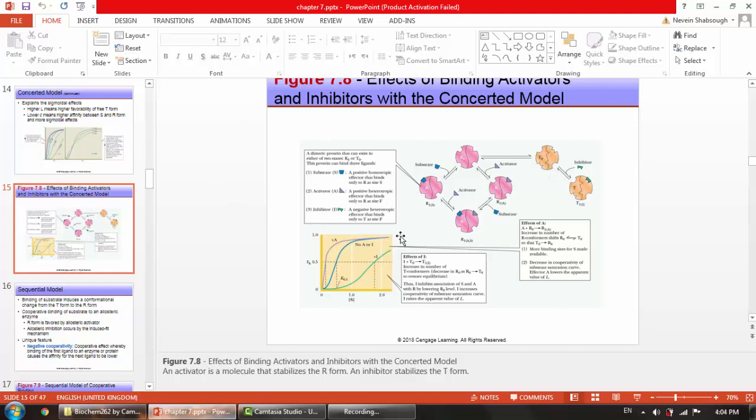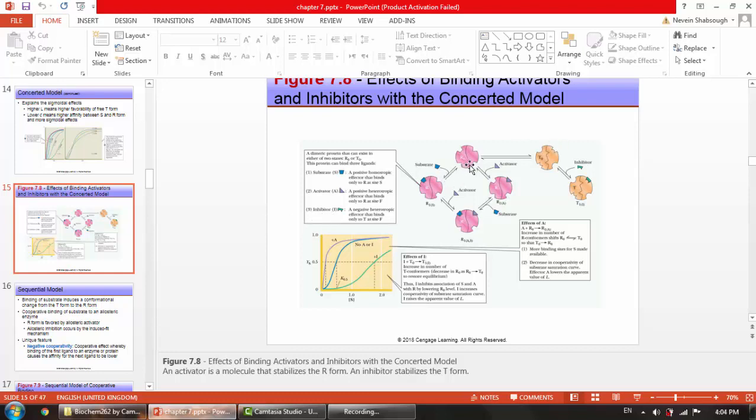Here, in the model, we have a dimeric protein that can exist in either R or T form, and the protein can bind 3 types of ligands. The first is called substrate, the second activator, and the third inhibitor.